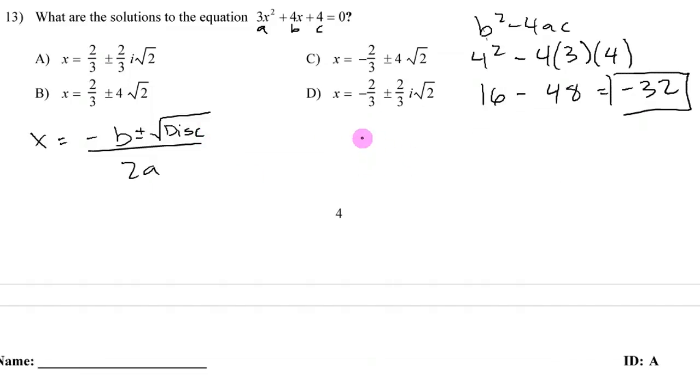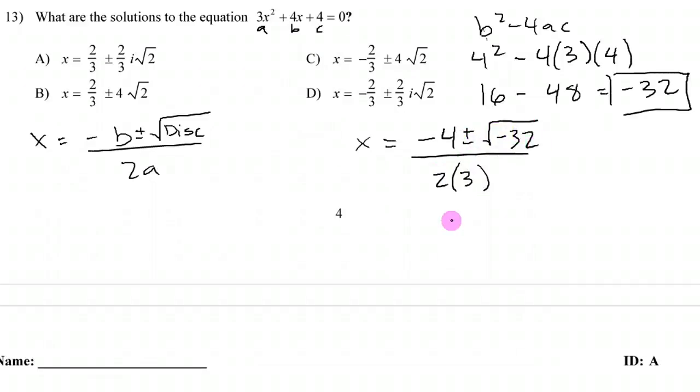So now let's set up the vertex formula part, which is just opposite b over 2 times a, which is 3. And right here, I got the discriminant inside. So let's see what we get here. I'm going to get negative 4 plus or minus the square root of negative 32 over 6.